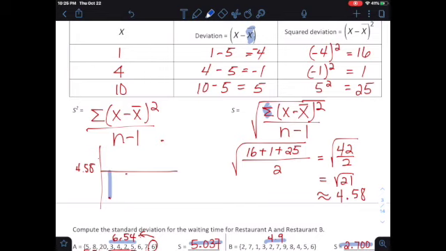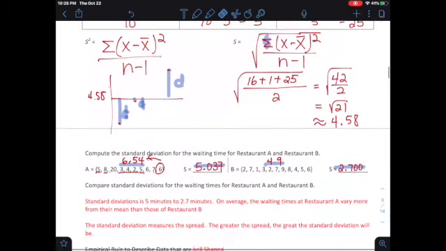How far is the 4 away from my mean? How far is my 10 away from my mean? All those distances added together, squared, divided by n minus 1, and square rooted. So I hope that helps a little bit to explain.